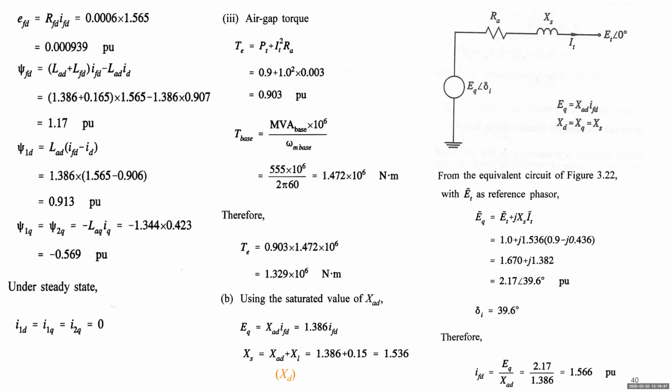For terminal voltage, we assume that one to be the reference with 0 angle. So the delta I from here will be 39.6. If you compare to the accurate angle we calculated from previous slides, that's very close. For a round rotor, it's safe to use just this single circuit to do all the calculation.